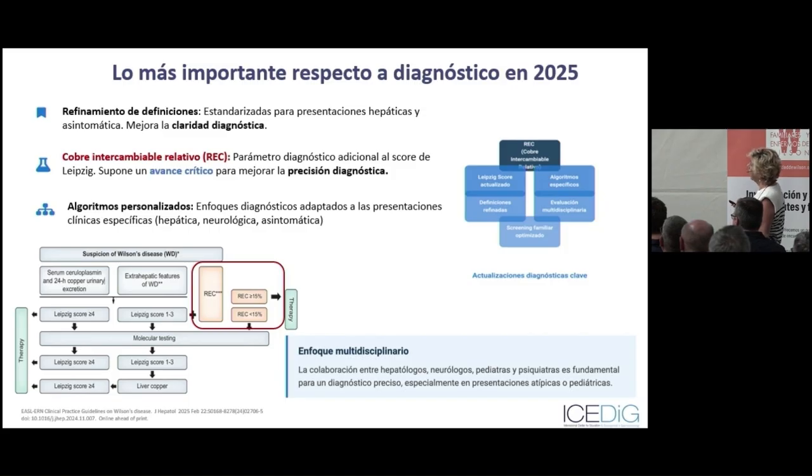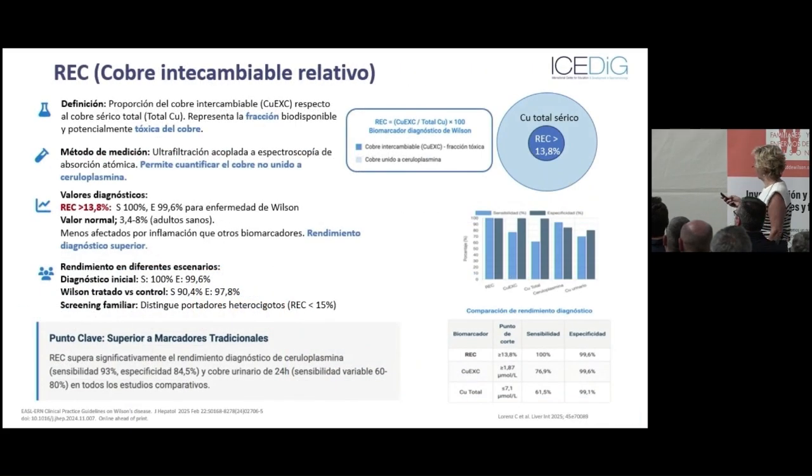And personalized algorithms are also important. Here you see the general algorithm. You see the scores and how they've included this copper concentration, which allows us to know whom to start the treatment with without awaiting further tests, which will speed up the process and address signs and symptoms fast.